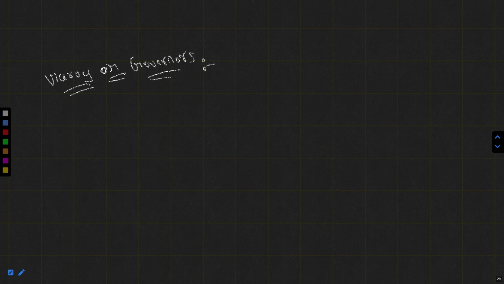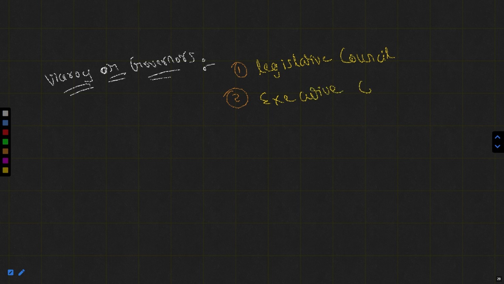Like if we talk about the councils, whether it's the Viceroy or the governors, then we know there are two forms of councils. First form is legislative councils. Second form is executive councils.